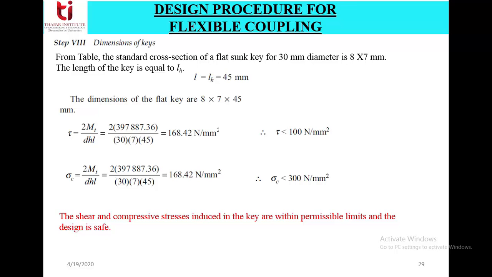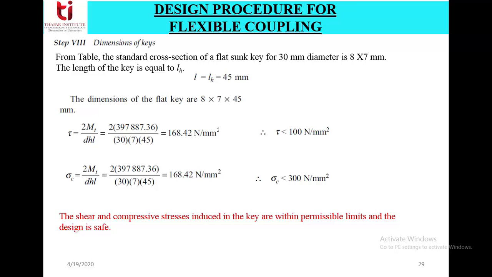Since the shaft diameter is 30 mm, we can go back to the table and we choose that the cross section is 8 cross 7 mm. The length of the key L is equal to LH, generally the length of the hub, which we have already decided, that is 45 mm. That means the dimensions of the flat key are 8 cross 7 cross 45 mm.